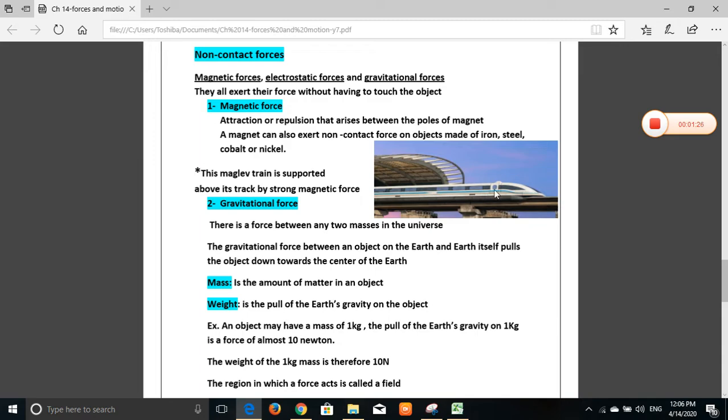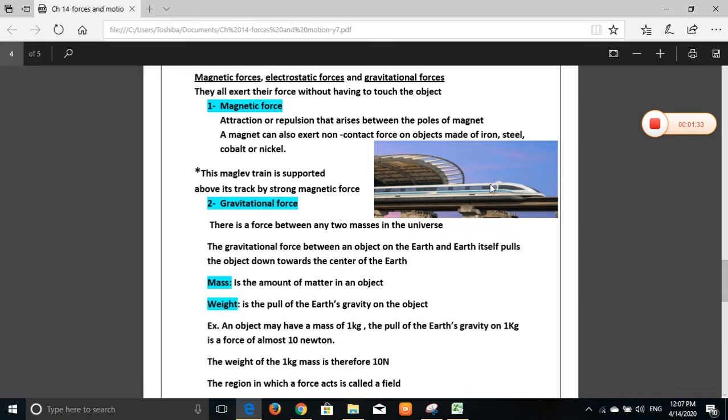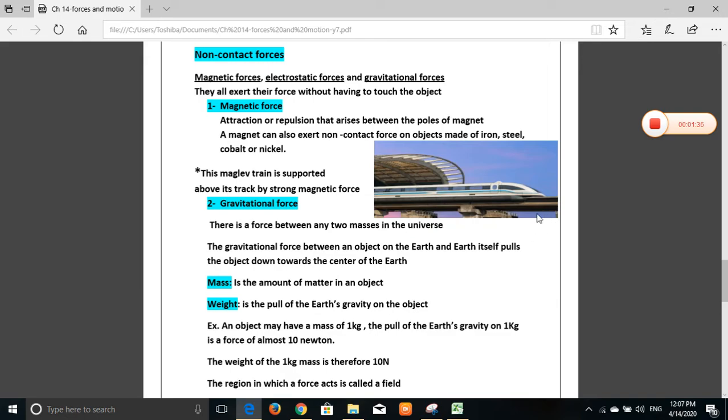Strong magnetic force between the metal used to make this design of the maglev train and the track it moves on, which is made of iron.